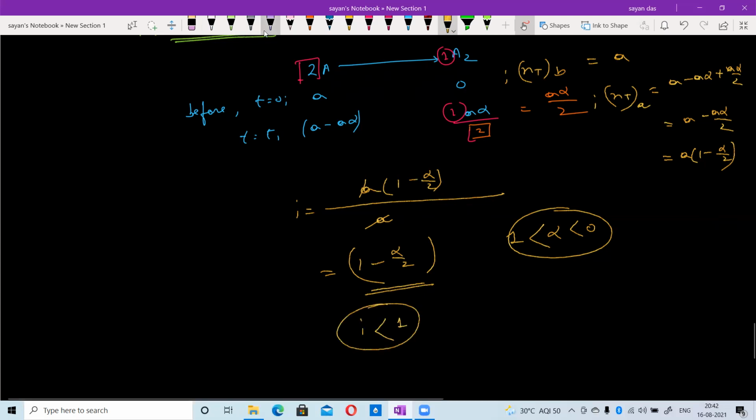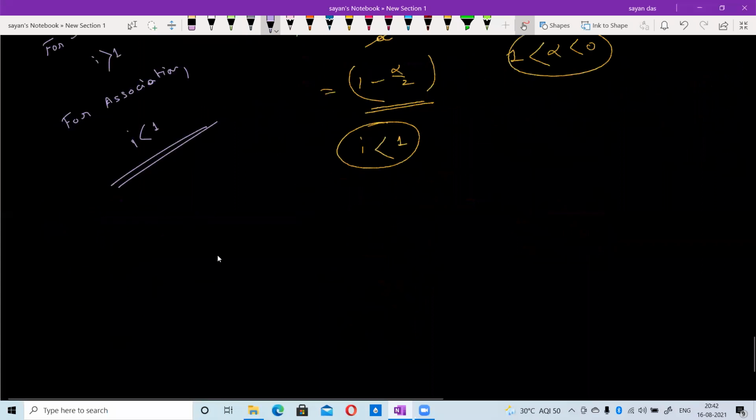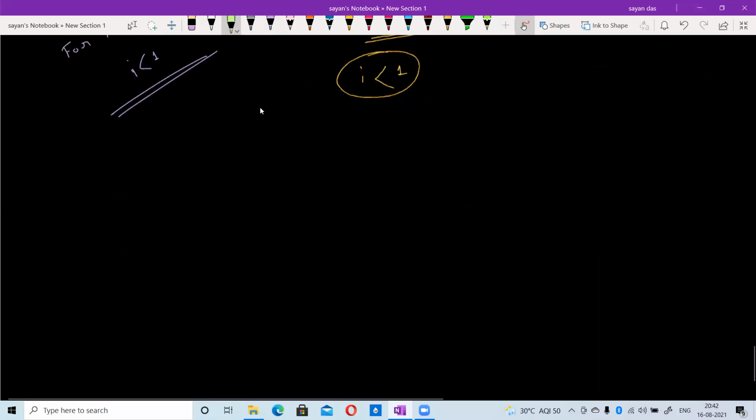So just remember, for the dissociation case, the I value is always greater than 1, and for the association case, the I value is always less than 1. Okay, is it clear? Any doubt regarding this stuff? Do you have any doubt?